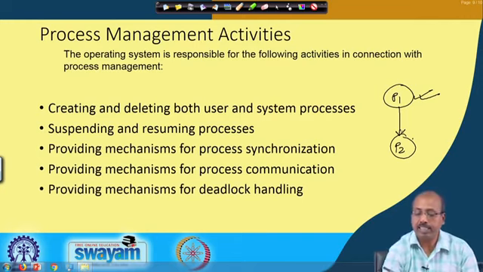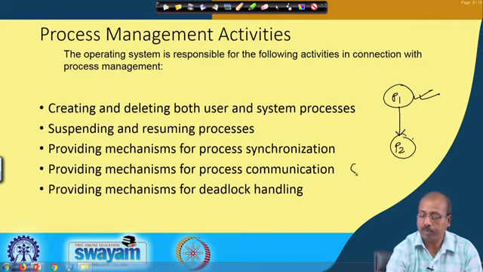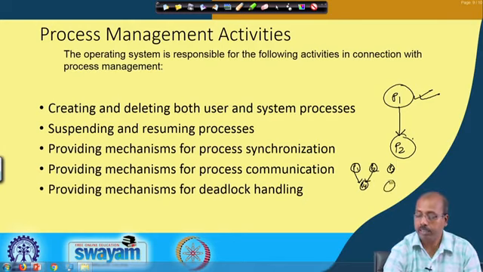In a more general case, a system has a number of processes in it, and there are some synchronization requirements. Say we have P1, P2, P3, P4 and so on. It may so happen that P4 requires P1 and P2 to be over. There is another process P5 that can be executed only after P3 is over, and there is a process P6 that can be executed after both P4 and P5 are over.